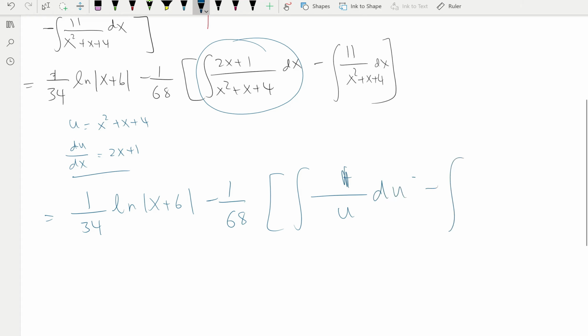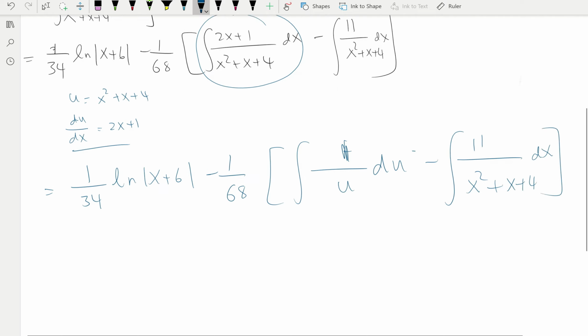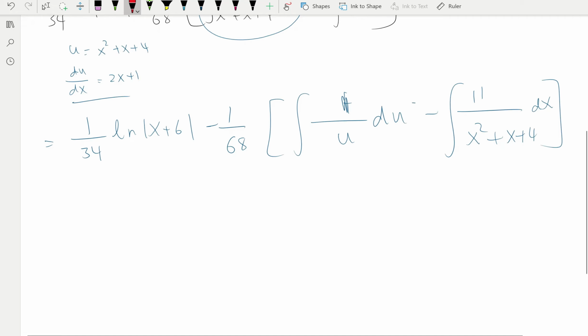Minus, let's work on this integral later, because trust me, it's harder than what we have seen already. If you integrate 1 over u, you get natural log u. Natural log x plus 6 minus 1 over 68 bracket, this is natural log absolute value of u, so it's actually x square plus x plus 4.